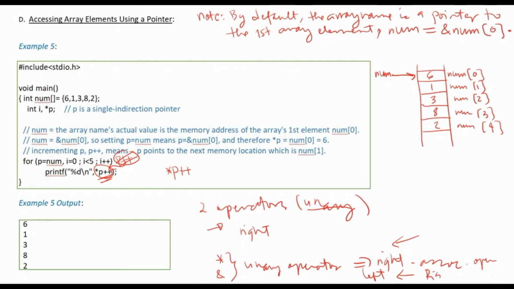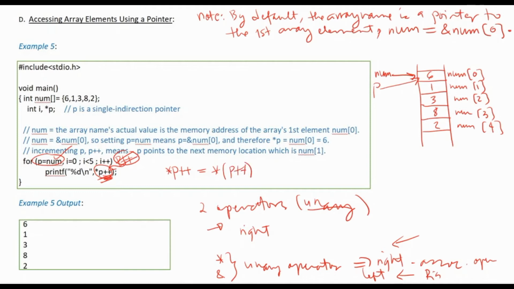So every iteration, what happens here is that, take note, initially we make P to point to where num is pointing by this statement. That is our initialization for P. And every iteration we increment not asterisk P, but we increment P. So this expression is equivalent to saying asterisk and then open parenthesis P++ and then close parenthesis.